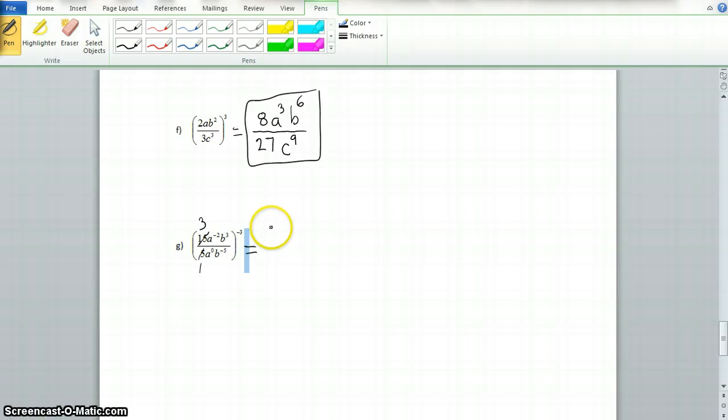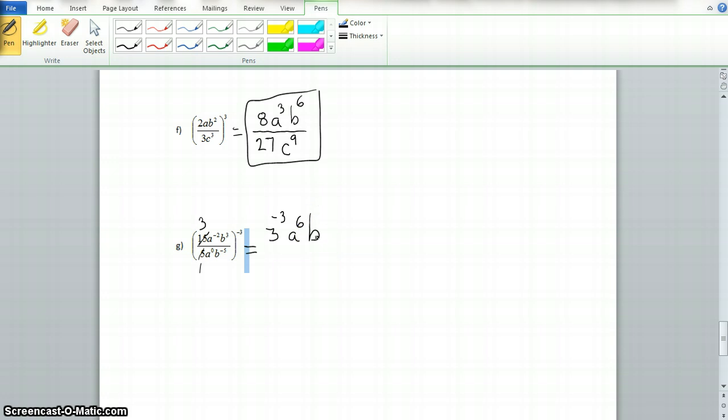What I'm going to do is raise everything that's inside those parentheses to the negative third power. So that 3 has to be raised to the negative 3. My a to the negative 2 raised to the negative 3, multiply those exponents, you get a to the 6.